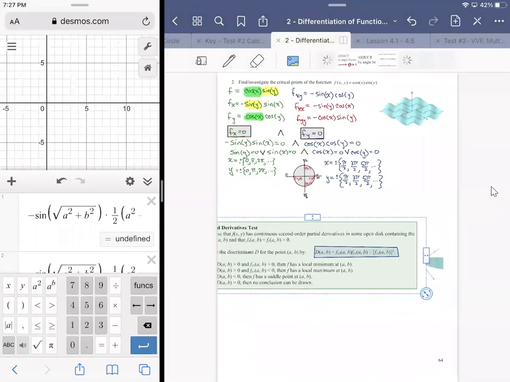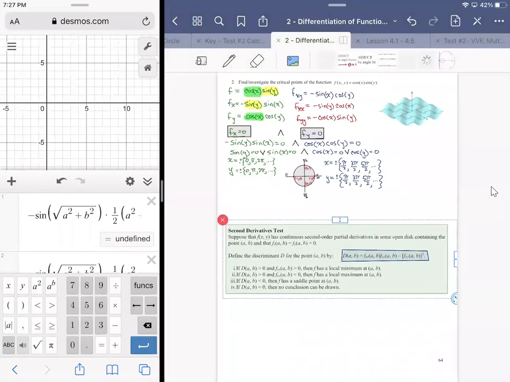I'll move it later. I'm not getting rid of the problem that follows, but just so I have it. We need second order partials at A comma B, right? So it's like, okay, where's my A, where's my B? Well, we still kind of need to figure out which ones are going to satisfy this equation.